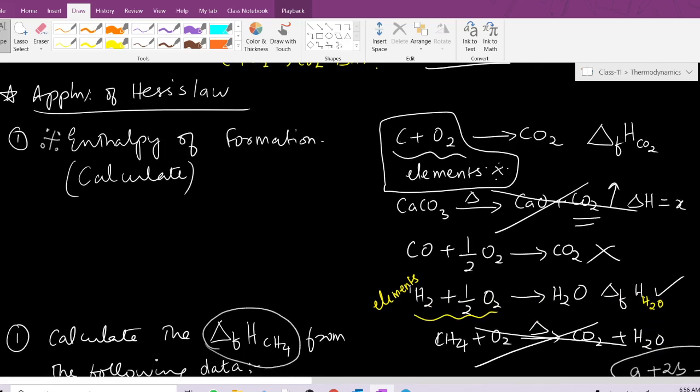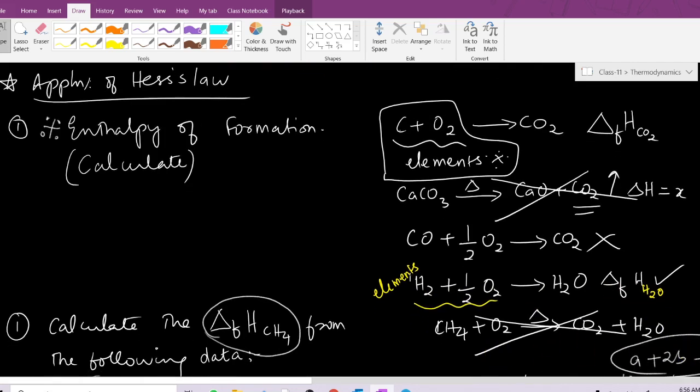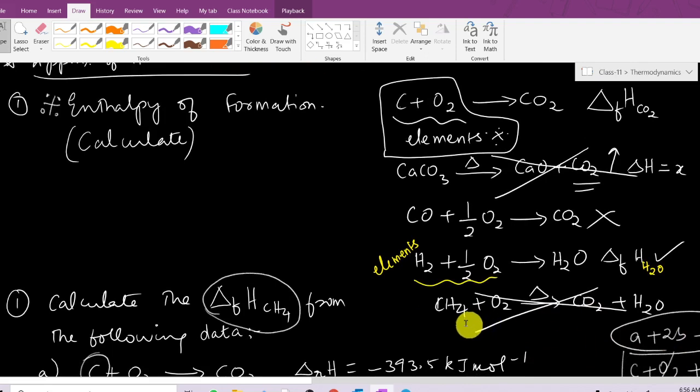But if you burn methane, combustion of methane, you will get CO2 plus H2O. Here also water is formed, but we don't call this the enthalpy of formation. So what is enthalpy of formation? It is the enthalpy change associated with the reaction when the compound is formed from the elements.